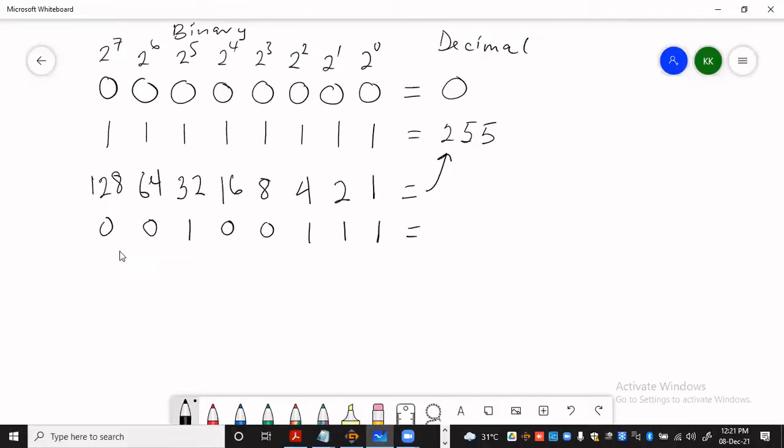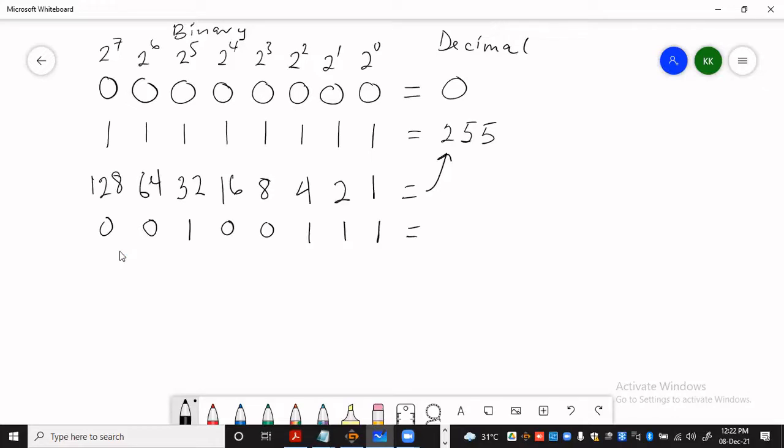And then we switch on the 1, 2 raised to the power 5. It's switched on. And then the rest, 2 raised to the power 6 and 2 raised to the power 7, are still in off state. So which means that we can only add up the on values to get our decimal.